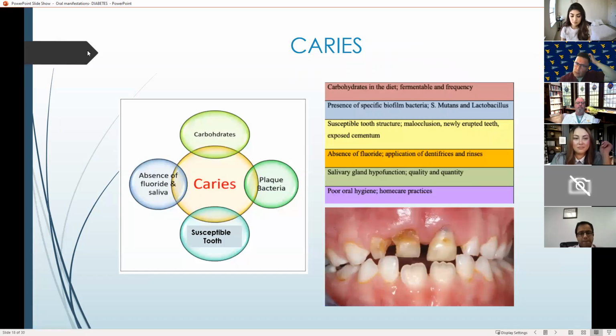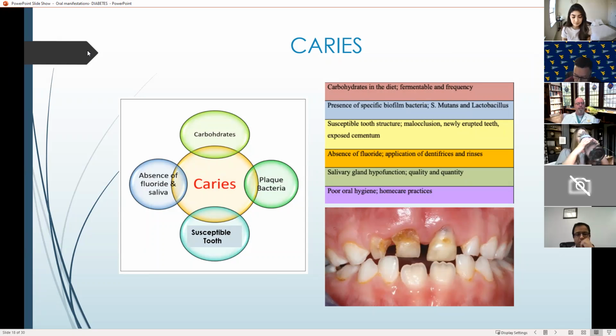Next, another common complication: caries. Caries and periodontal diseases, or gum diseases, are the most common pathologies that we can see in the general population. Regarding caries, the etiology of dental caries is a dynamic process that involves a susceptible tooth, cariogenic bacteria in dental biofilm, specifically Streptococcus mutans and Lactobacillus, and the detrimental effect of cariogenic carbohydrates.